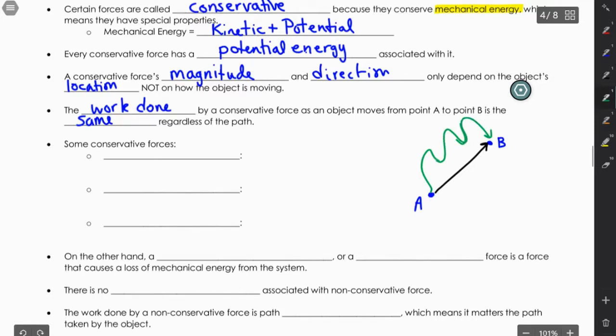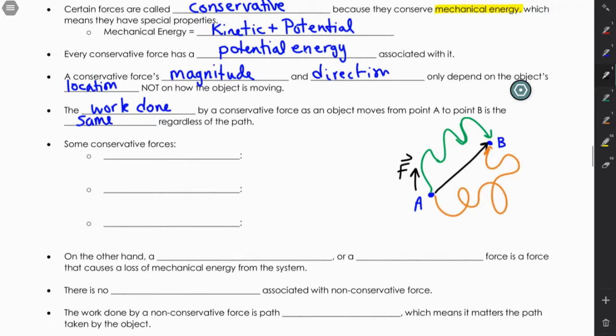Or I can do something like this. And so if I apply a force, and that force is conservative, actually we would need to direct it along this line.